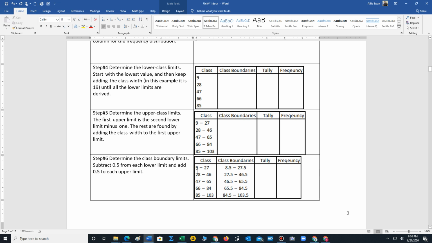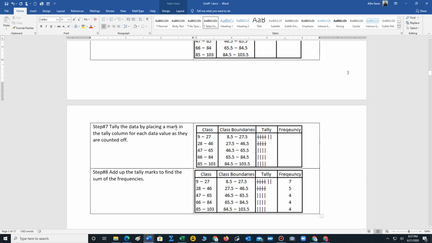So subtract 0.5 from 9, that gives us 8.5. Add 0.5 to 27, that gives us 27.5. Subtract 0.5 from 28, 27.5, add 0.5 to 46, 46.5, and just repeat for all the other class limits.